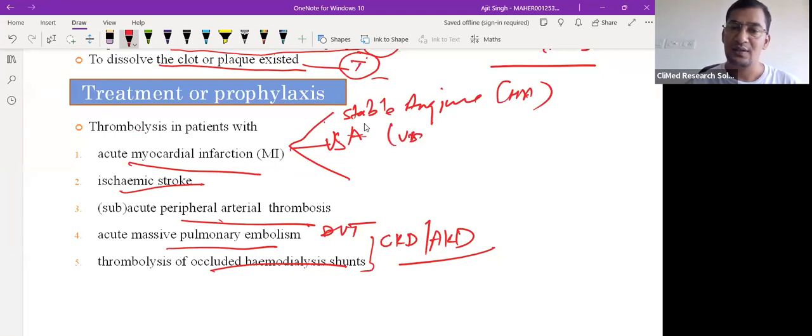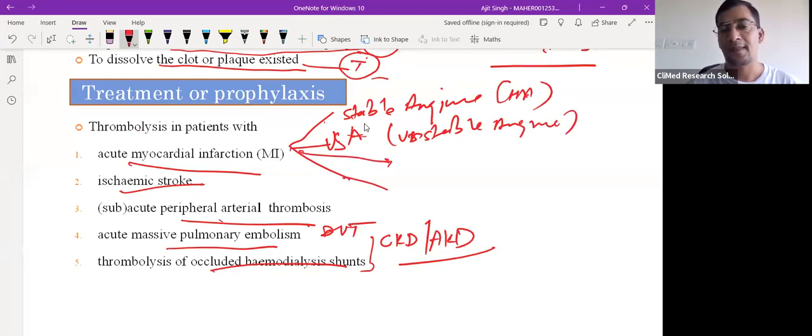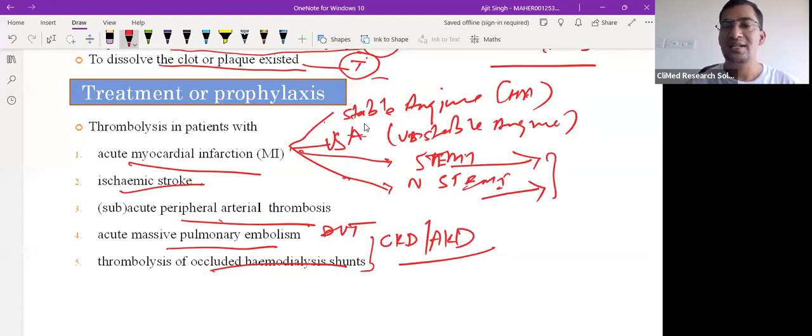And then there is what? STEMI, okay? STEMI and NSTEMI, right? So that is ST segment elevation MI, that is non-ST segment elevation MI based on ECGs. And this is stable angina and unstable angina.